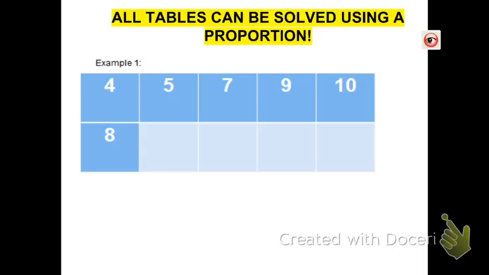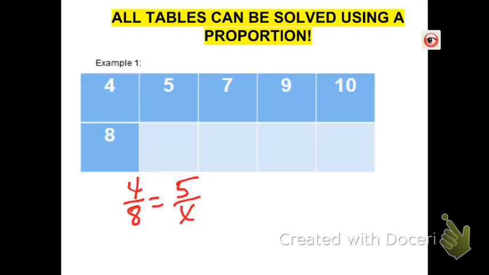We're going to look at the first two numbers on here, 4, 8, and 5, and nothing. This looks a lot like what we were doing before, where we wrote 4 over 8 equals 5 over X. Write that on your paper. Okay?